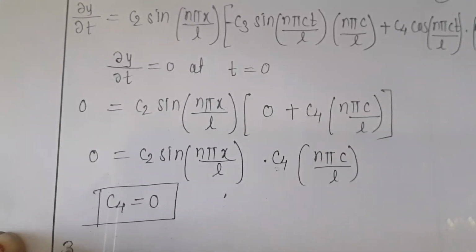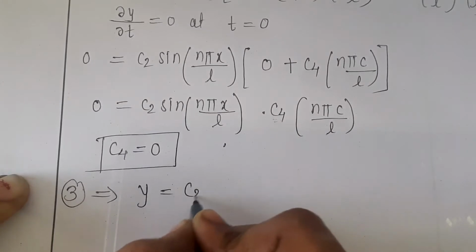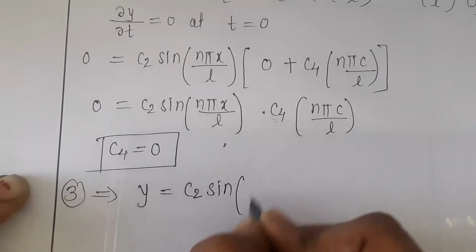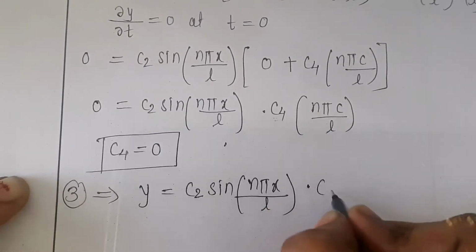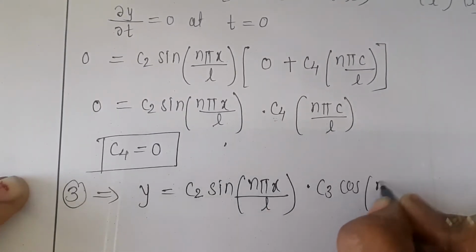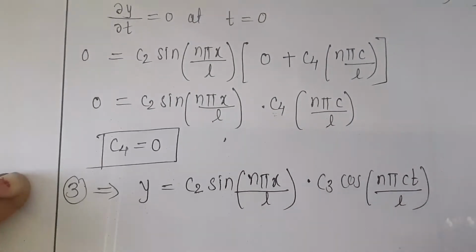So we obtained C4 is equal to 0. Put in equation number 3, we get y is equal to C2 multiplied by sin n pi x by L multiplied by C3 into cos n pi Ct by L, since C4 is 0.